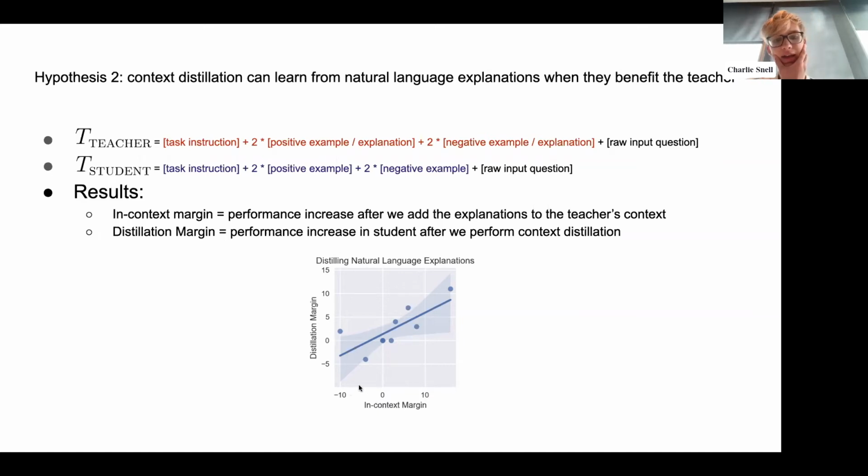We see that if the explanations help the teacher more, the student will learn more from them during distillation, is essentially what this is showing. Each of these points is a task. So the student is effectively able to learn from the teacher if the teacher is responsive to the natural language explanation.